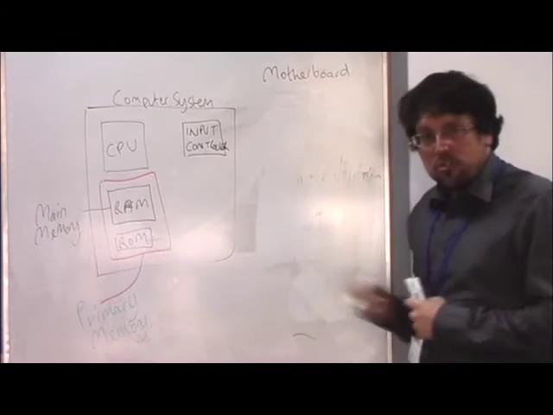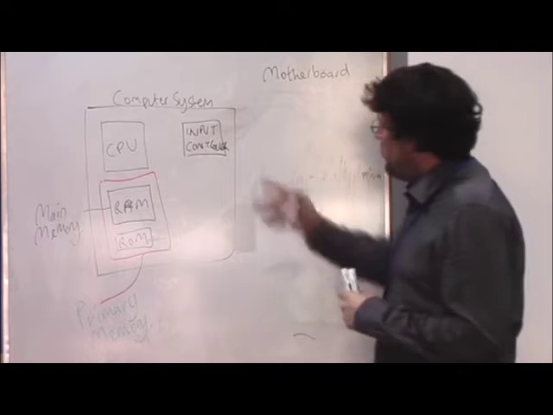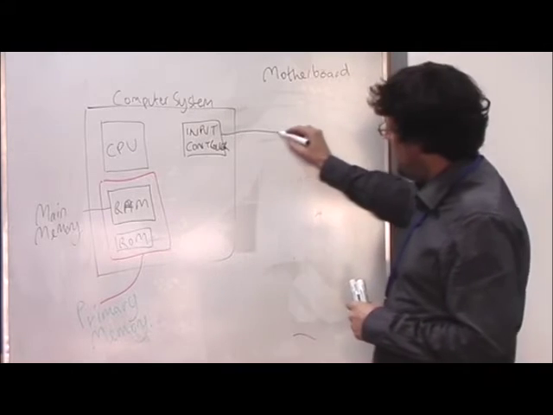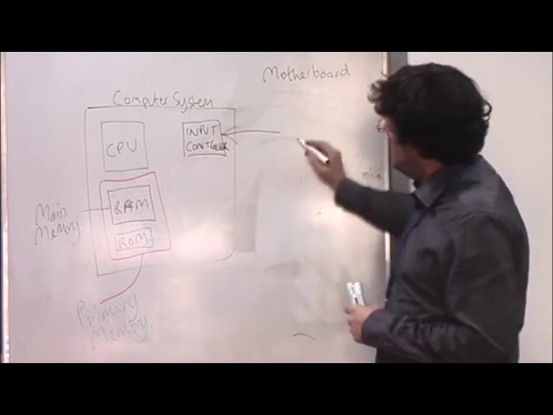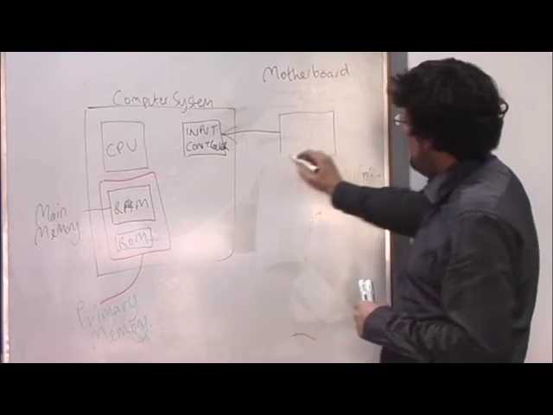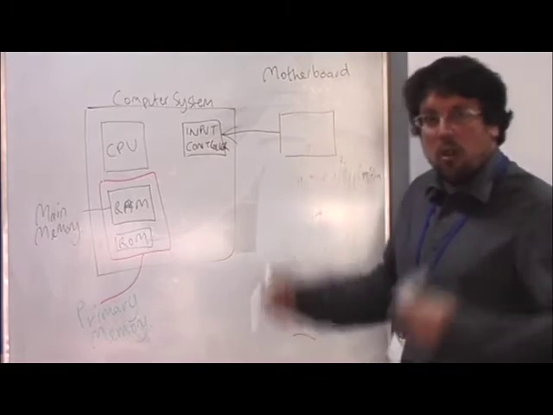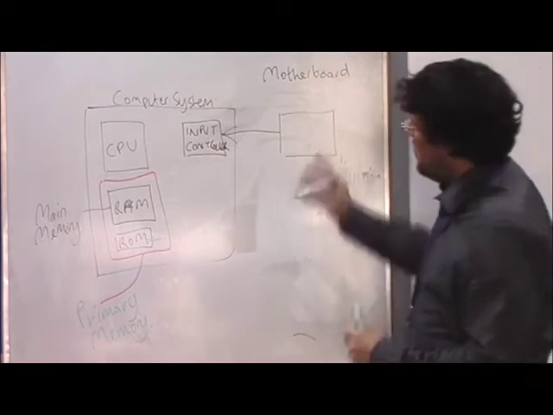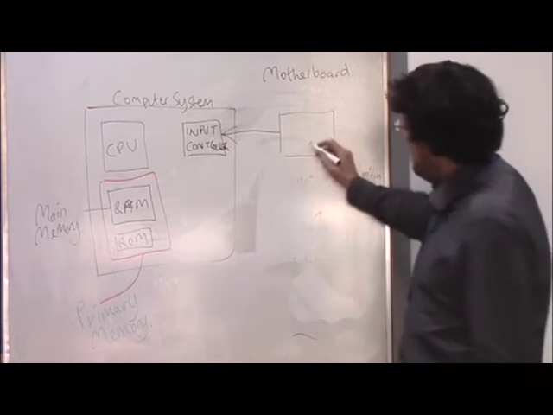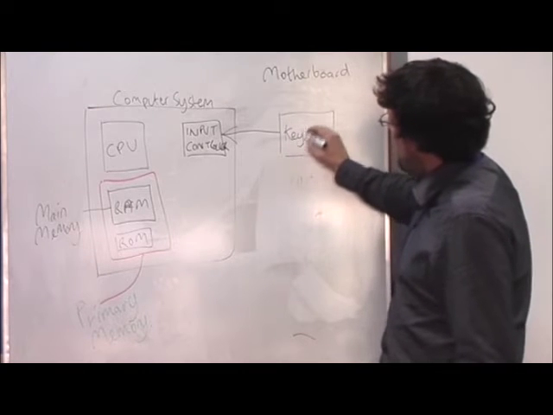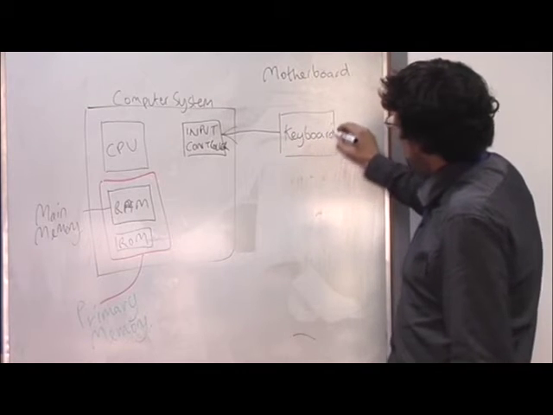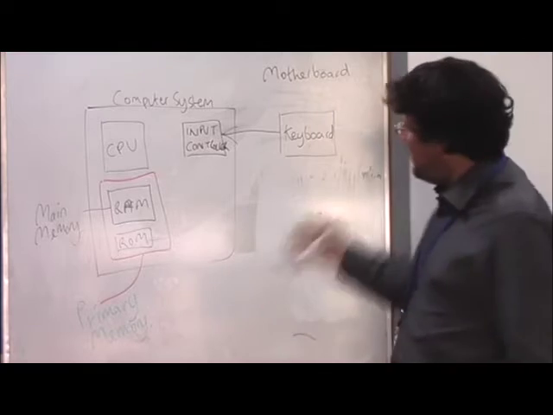Now, an input controller on the motherboard is used to connect input devices. Okay, so I can connect my input device to my input controller. Now, what kinds of devices might I connect to my input controller? Well, for example, a keyboard is a great example of an input device and allows me to input data into my computer system.